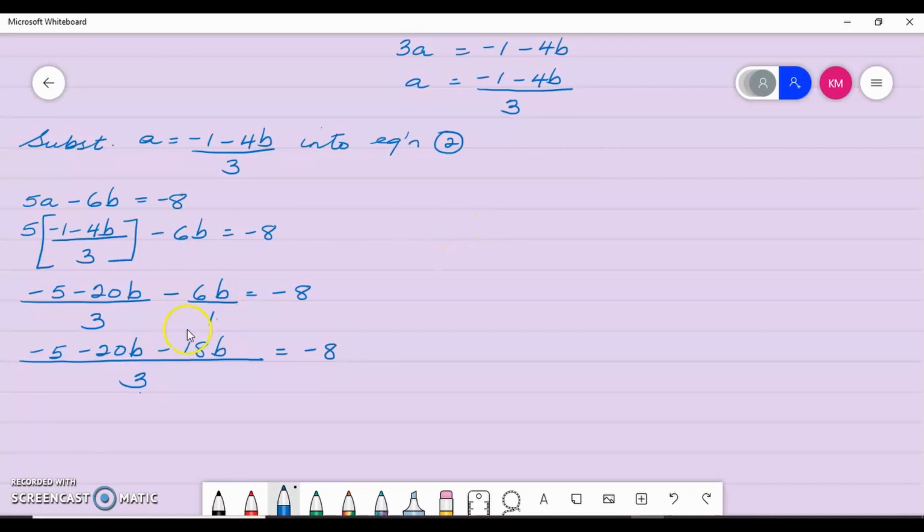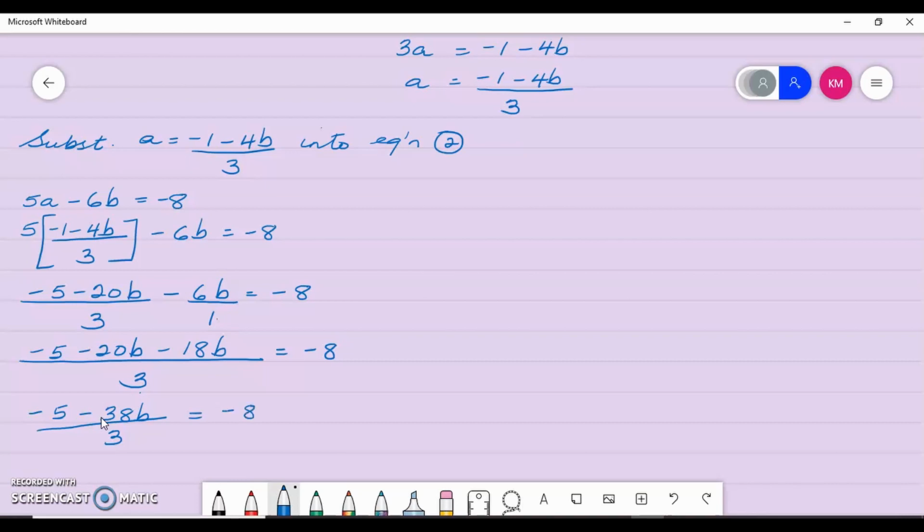So now I can simplify. Negative 20 take away that 18 there. So I'm going to get negative 5 take away 20, negative 20 take away 18 is going to give me negative 38b divided by 3, and that is going to give me negative 8.